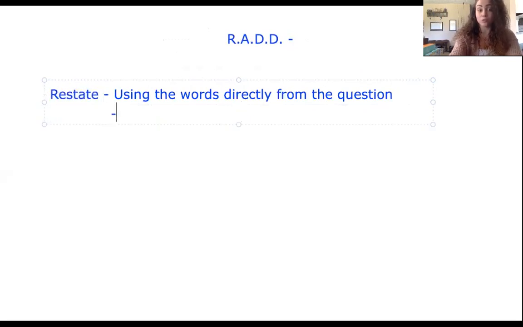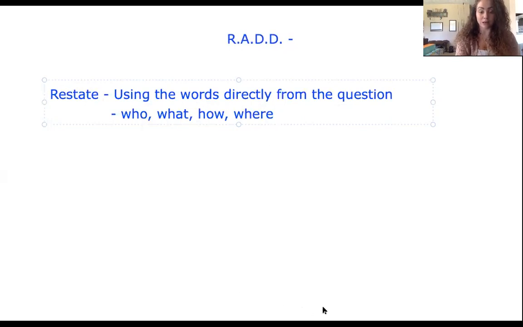So a question word might be like who, what, how, where. I would take those words out, and use the rest of the words in order to restate my question. So that tells me, my reader, that this is where my question is going to be. This is my answer. So it kind of lays it out for you.